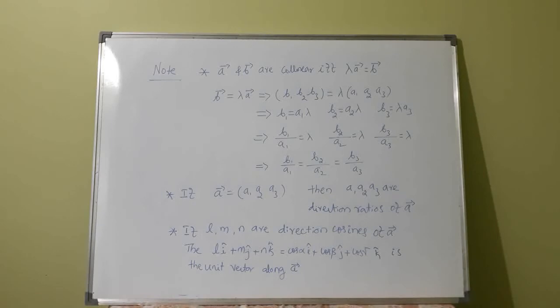Don't put brackets here; then a1, a2, a3 are direction ratios of A. If l, m, n are direction cosines of A, then li plus mj plus nk, where l is nothing but cos alpha, so cos alpha i plus cos beta j plus cos gamma k is the unit vector along A. See, if the direction cosines are given, then you can express the unit vector in the direction of A as cos alpha i plus cos beta j plus cos gamma k. Okay.